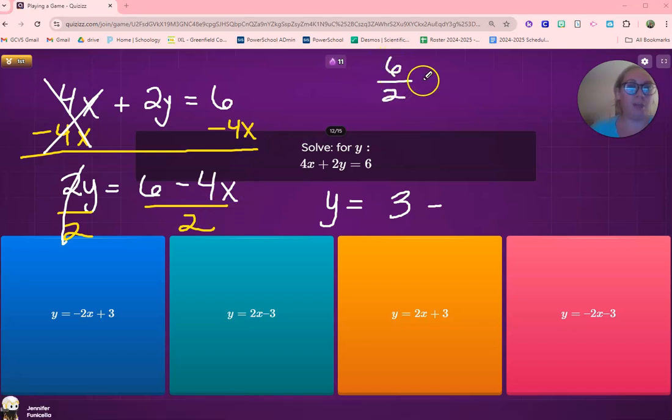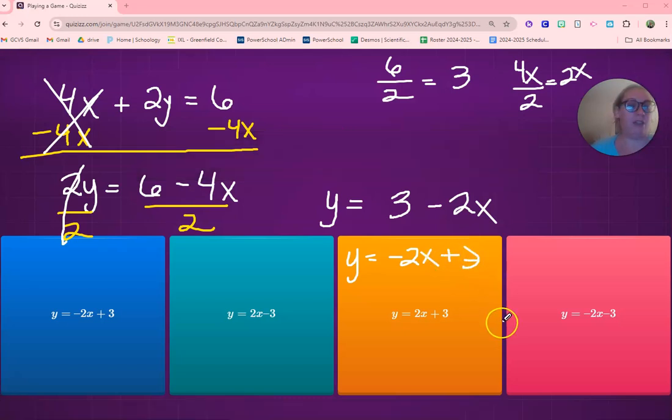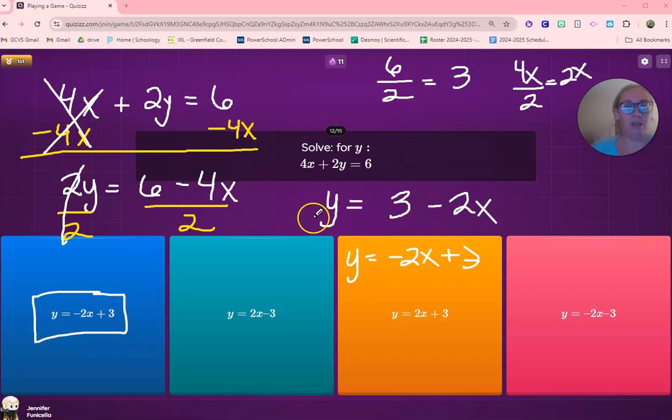So just to show you, we're just splitting this up. 6 divided by 2 gets us 3, and 4x divided by 2 is 2x. So we have a minus 2x here. If we flip the order here, our 2x is negative. So a negative 2x, and our 3 is positive, plus 3. Just flipping that order. 3 minus 2x is the same as negative 2x plus 3. Brilliant.